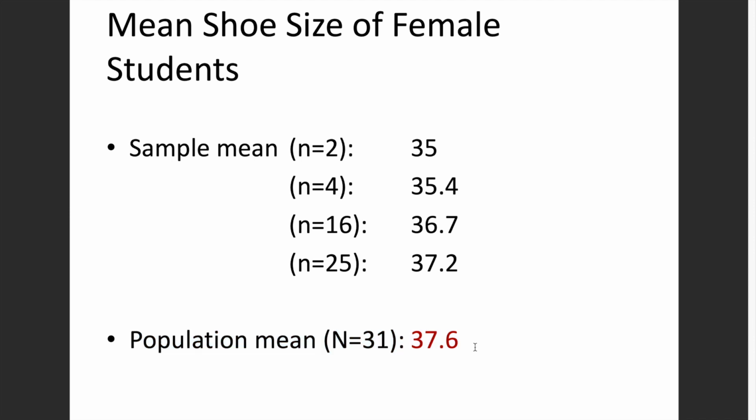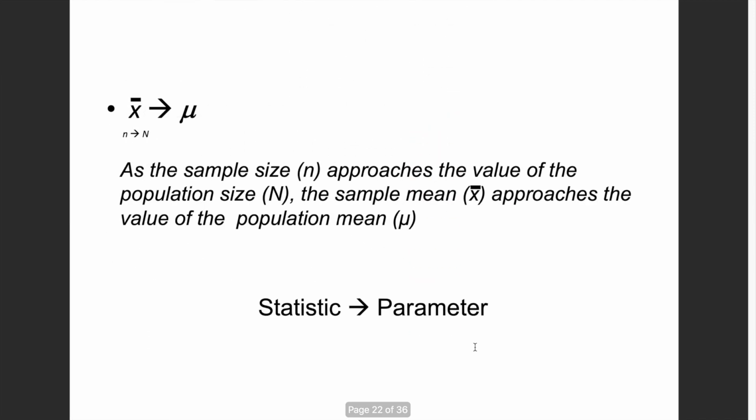So as you can see here, as we increase the sample size n, as we approach the population size N, large N, no? As we approach the number of sample size to the population size, the sample mean gets closer and closer or approaches the real value of the population mean.